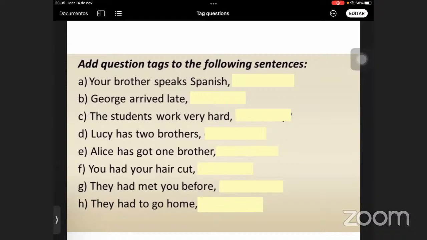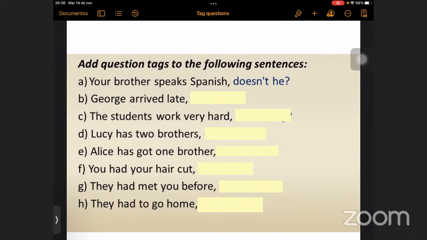Don't is the contracted form for he, the auxiliary to use. Doesn't he. Okay? He goes with doesn't. So, your brother speaks Spanish, doesn't he?